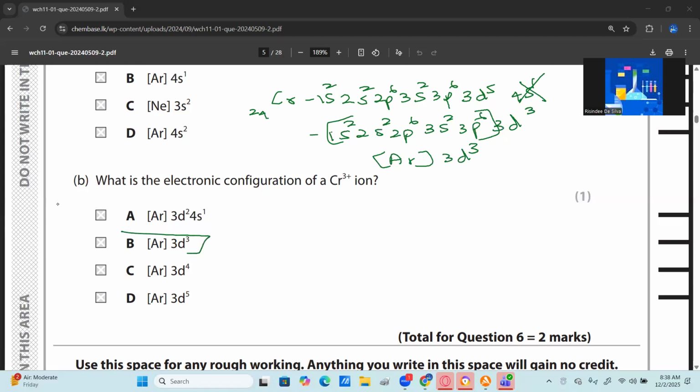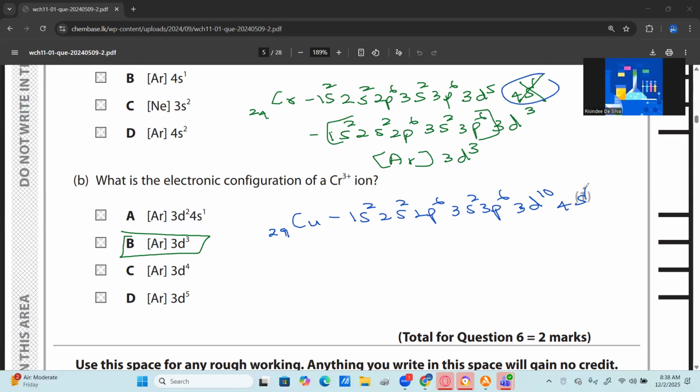If I explain about copper, copper is the other element that has a different electronic configuration like chromium. It is 1s2, 2s2, 2p6, 3s2, 3p6, then 3d10 and 4s1.